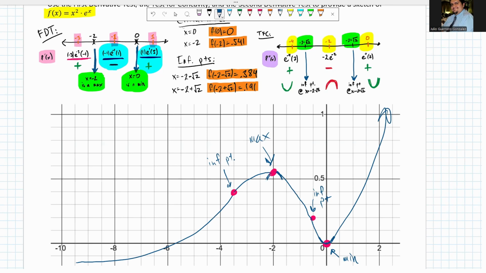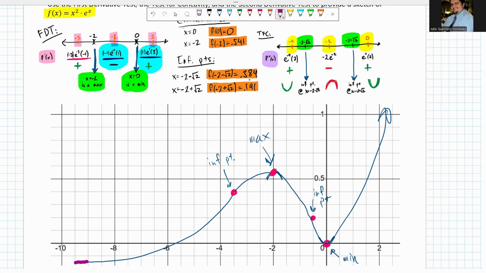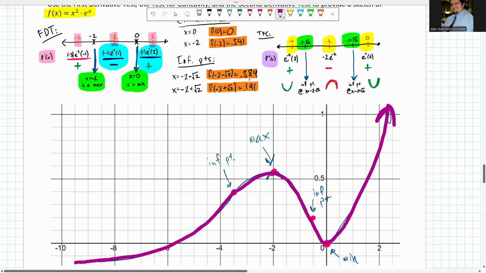So my final graph. And I'm going to do this in a nice thick purple. Should look like something like this. So notice this purple line that I just drew in has all the exact points, the critical values and the inflection points.